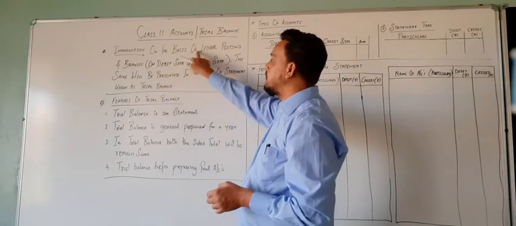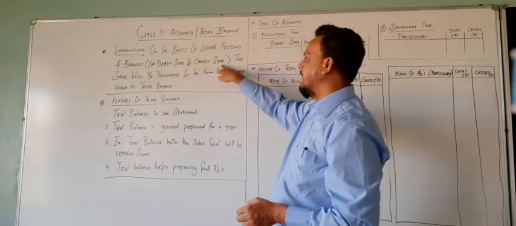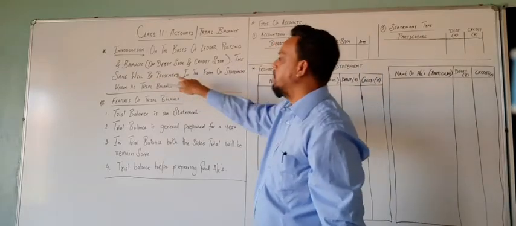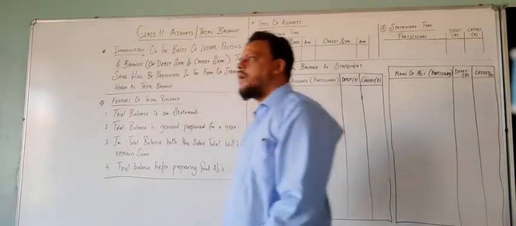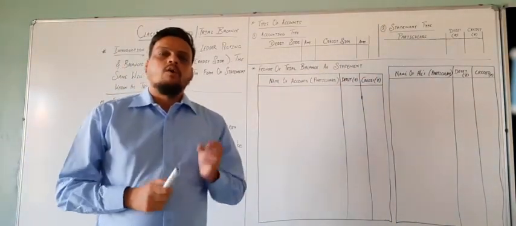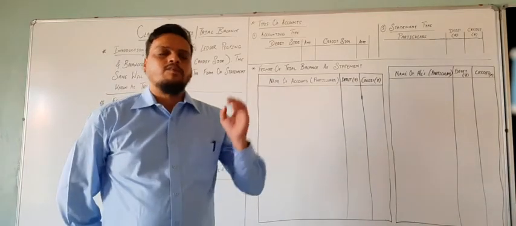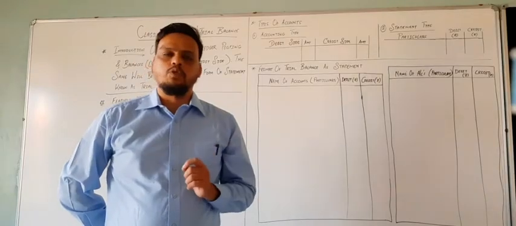Introduction. On the basis of ledger posting and balances on the debit side and credit side, the same will be presented in the form of a statement. It is known as trial balance. Ultimately, the trial balance figure is taken from the ledger posting.